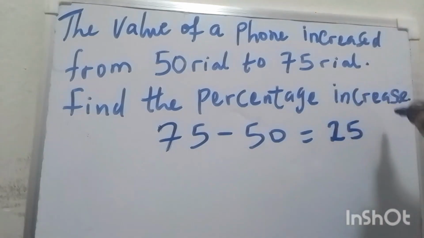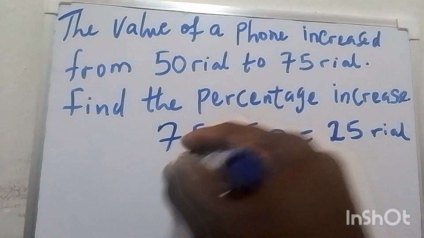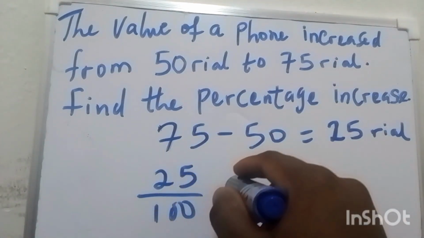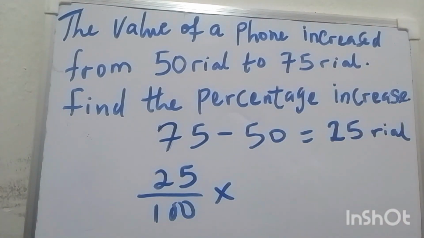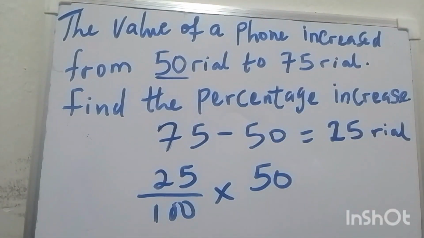So we have a 25 real increment from 50 to 75. But they ask us to find the percentage increase. So we take the increase, 25 over the original price of the phone, 50 real, multiplied by 100.